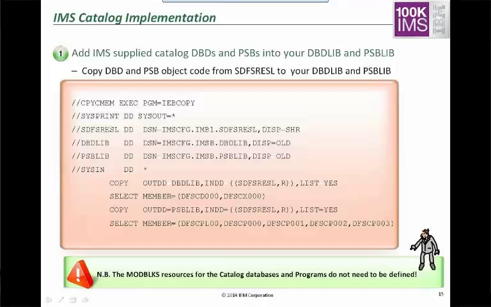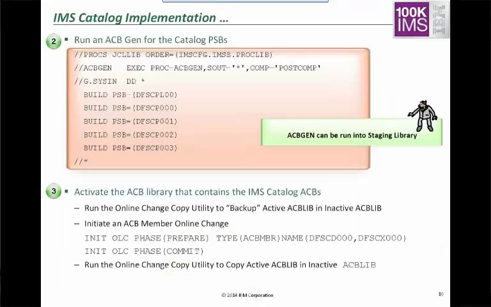And then you've got the PSBs, DFSCPL00, DFSCP000, DFSCP001, CP002, and CP003. So you want to copy these DBDs and PSBs from SDFSRESLIB into DBDLIB and PSBLIB. So that's step 1. Now coming over to step 2.